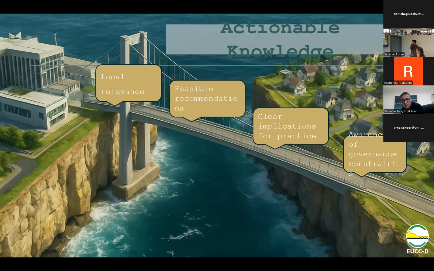Therefore we try to bridge this gap and bring, with our knowledge in projects, the local relevance into the field. We also try to develop feasible recommendations by the end of projects with clear implications for practice, and also make sure that awareness of governance constraints is covered.